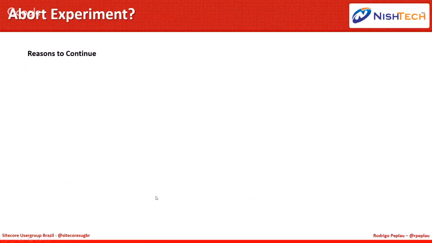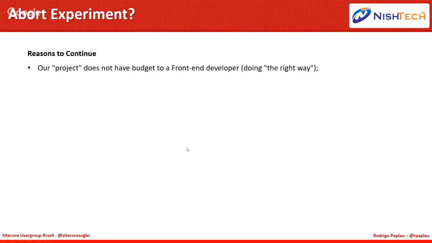So of course, we considered aborting the experiment. What else can we do? Because this is not supposed to be done this way. What can we do? I will say the reasons we chose to continue. Our project does not have budget for a front-end dev, okay? Doing it the right way, because we already have that HTML.